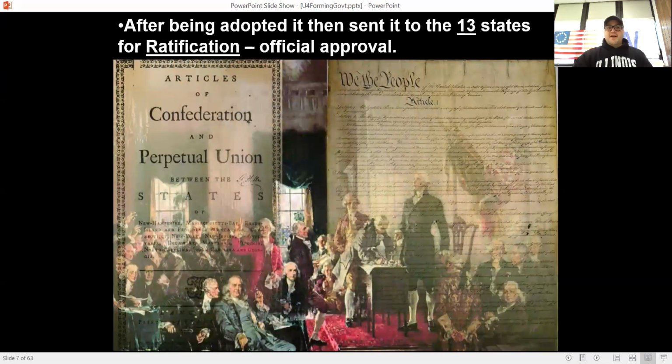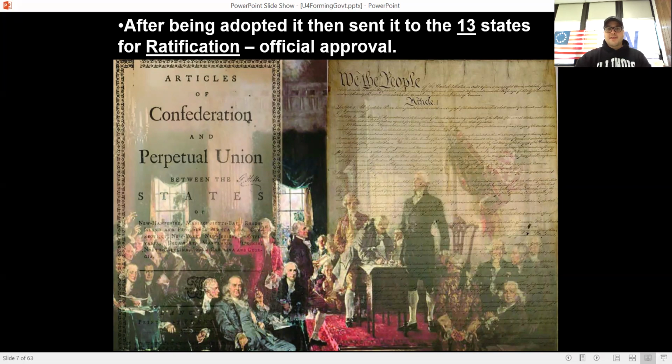The process of getting the Articles of Confederation approved takes quite some time. They were passed by Congress in the late 1770s and then sent to all 13 states to ratify, or officially approve, the document.